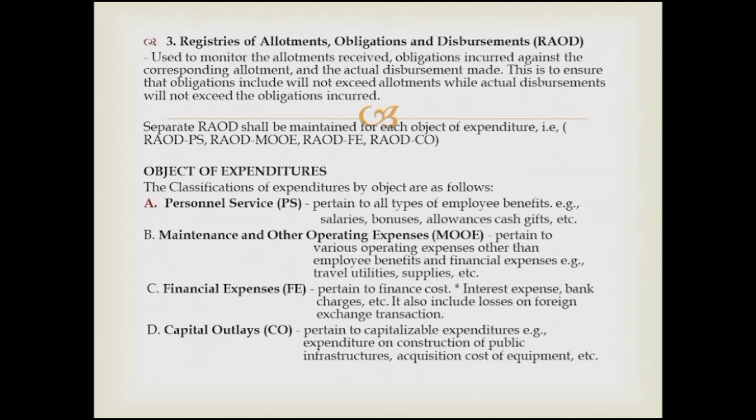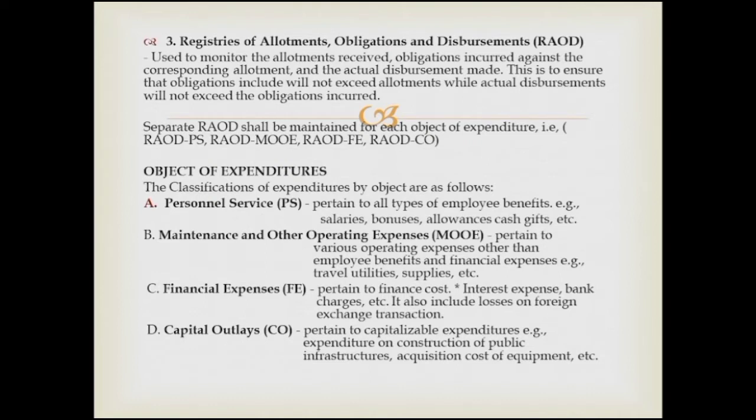The second one is the maintenance and other operating expenses or the MOOE, which pertains to various operating expenses other than employee benefits and financial expenses, such as travel, utilities, supplies, and so on. The third one is the financial expenses or the FE, which pertains to financial costs like interest expense, bank charges, and so on. It also includes losses on foreign exchange transactions.